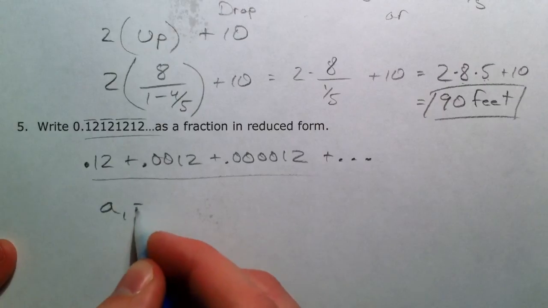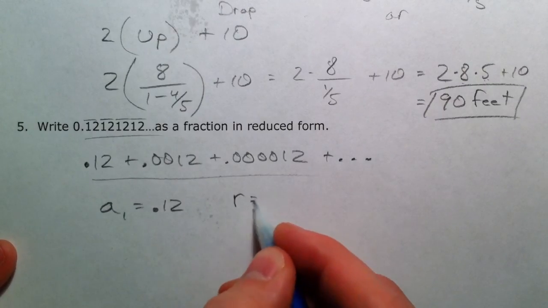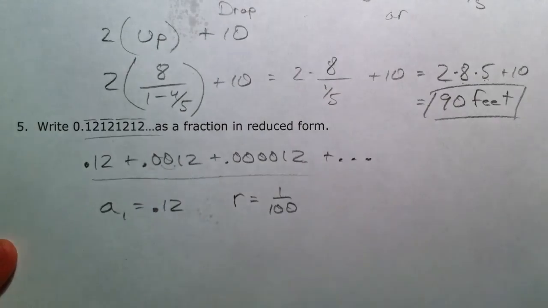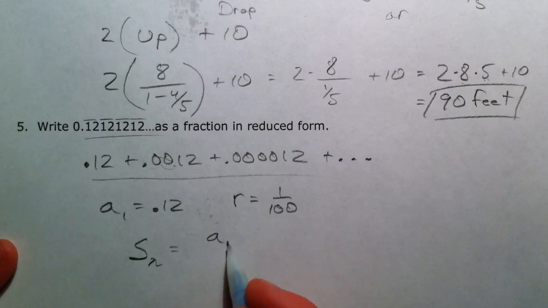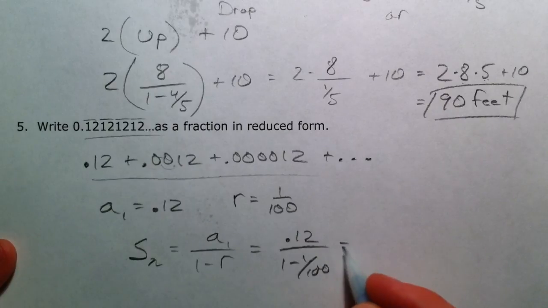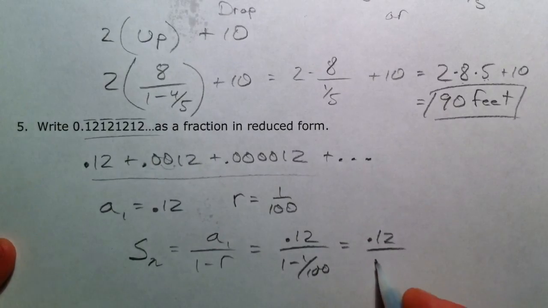Where a sub 1 is 0.12 and r is 1 100th. So the sum is going to be a sub 1 over 1 minus r. And so it's going to be 0.12 over 1 minus 1 100th. So 0.12 over 99 100ths.